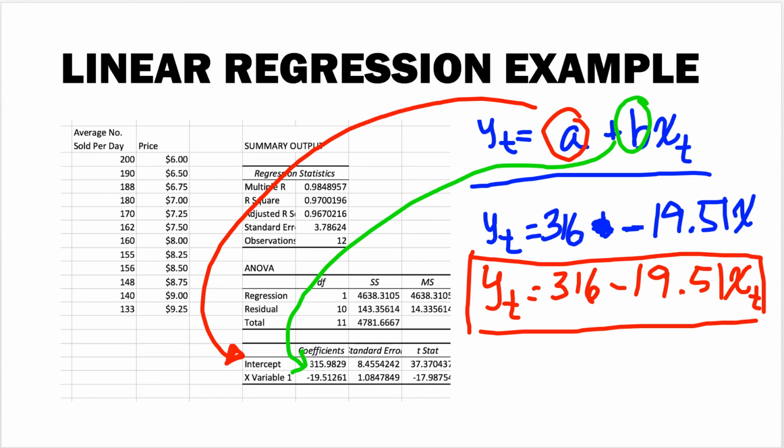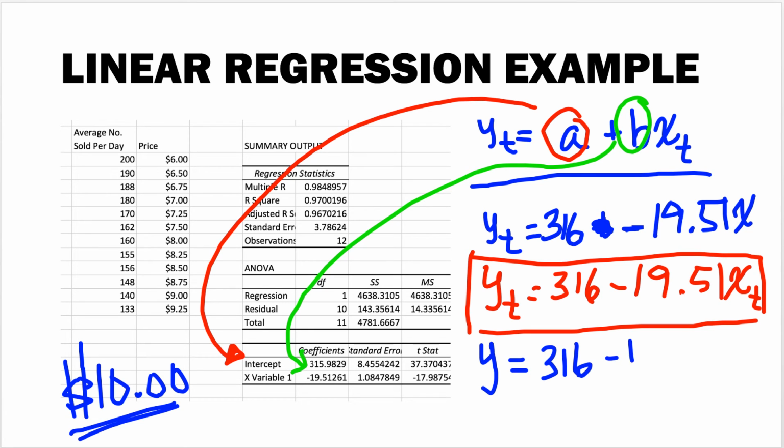Now say for whatever reason, the price of lobster has gone up to $10. Now using our model, how many lobster dishes can we expect to sell at $10 a piece? To answer this question, we simply solve for y using 10 for x. So y equals 316 minus 19.51 times 10.